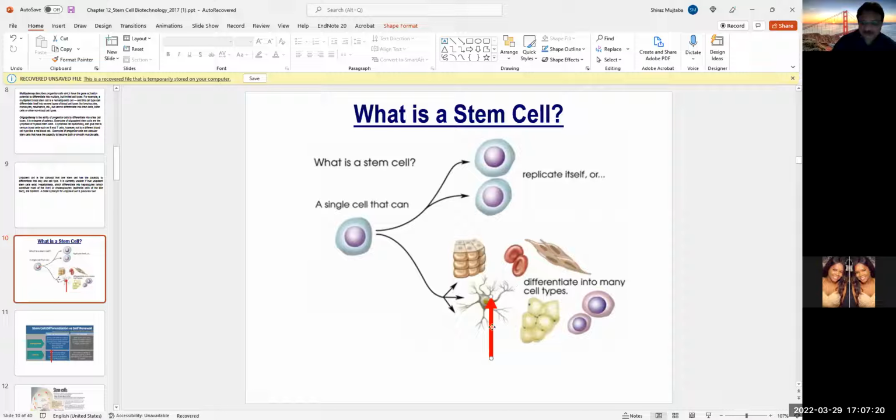Similarly, the red blood cells: let's say there is a patient who has sickle cell anemia and is not able to make healthy RBCs. If the bone marrow transplant happens successfully, then the new bone marrow precursor cells can make healthy RBCs.